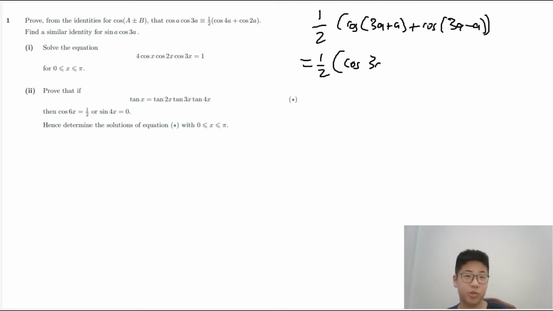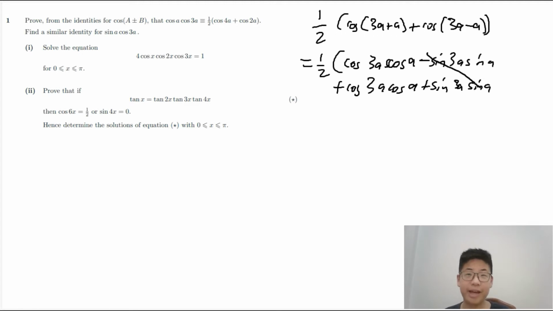It's cos 3A cos A minus sine 3A sine A plus cos 3A cos A plus sine 3A sine A. And we can actually take away this term because they cancel each other out.